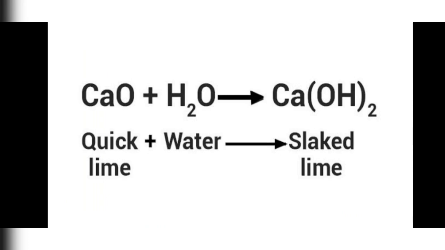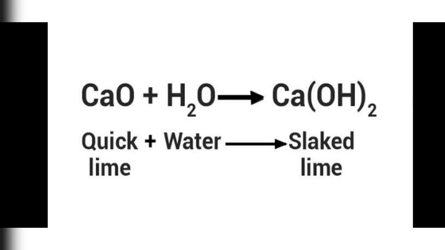This calcium hydroxide is prepared by adding water to quicklime, that is calcium oxide. When you add water to quicklime, you get slaked lime, that is calcium hydroxide. It is also called milk of lime in its aqueous form.